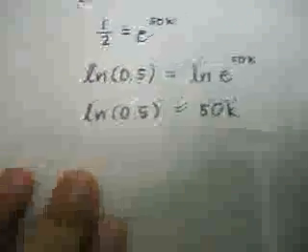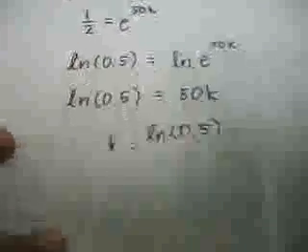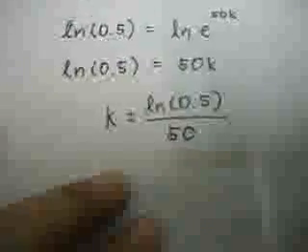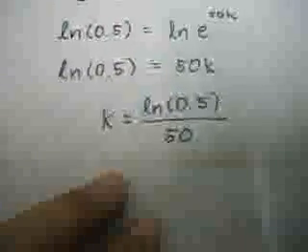And then, since ln and e cancel each other, we have ln of 0.5 equals 50k. And then dividing both sides by 50, we get the constant k to be equal to ln of 0.5 over 50.